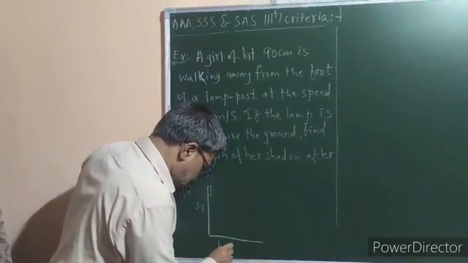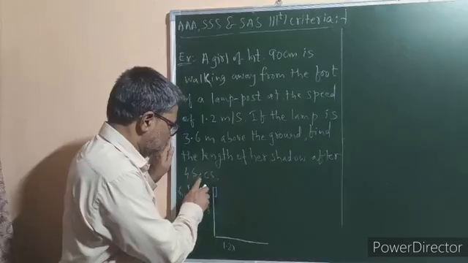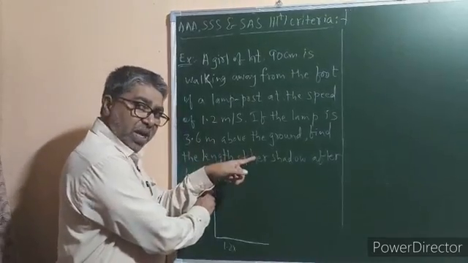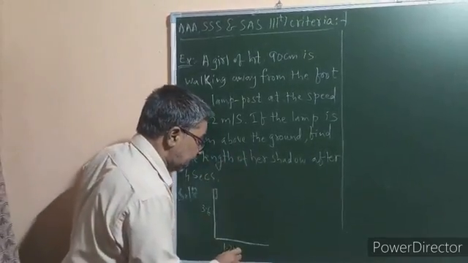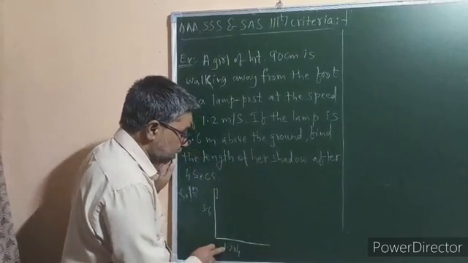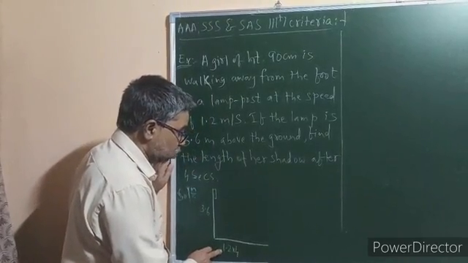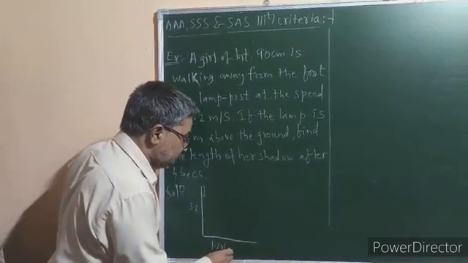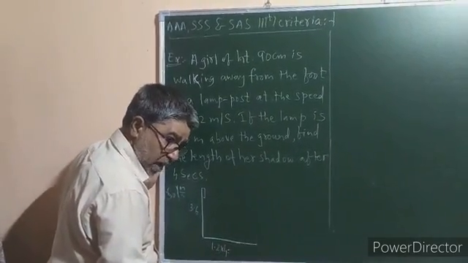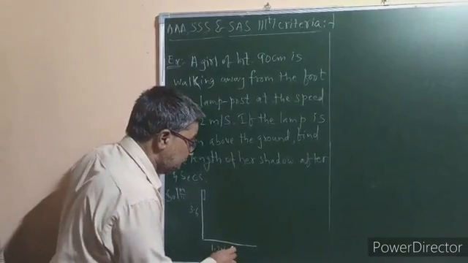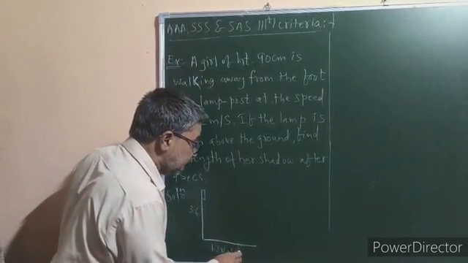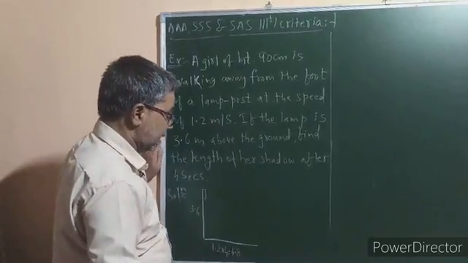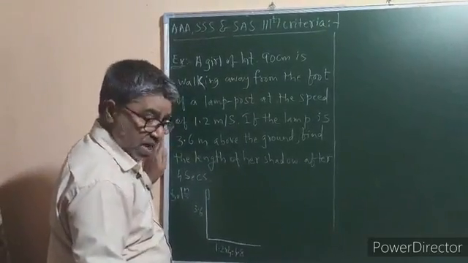We are asked to find the length of the shadow after 4 seconds. That means you have to multiply 1.2 by 4, and 12 fours are 48, so 4.8 meters will be the answer.